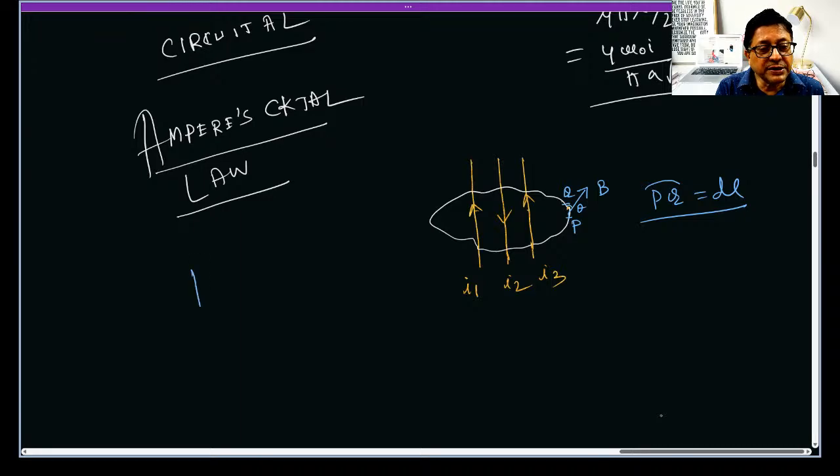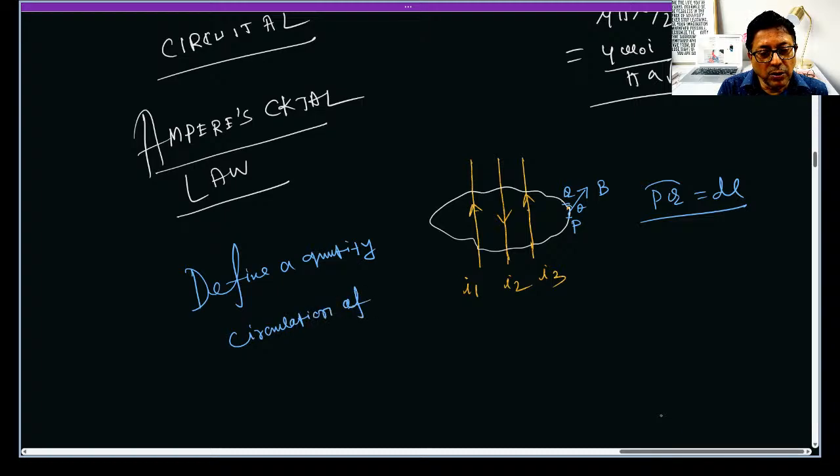Then you define a quantity which is called the circulation of the magnetic field.